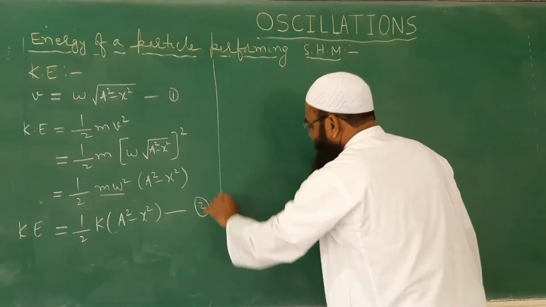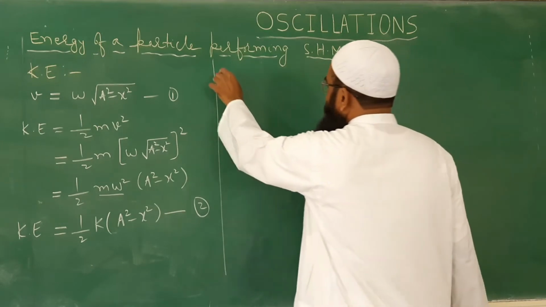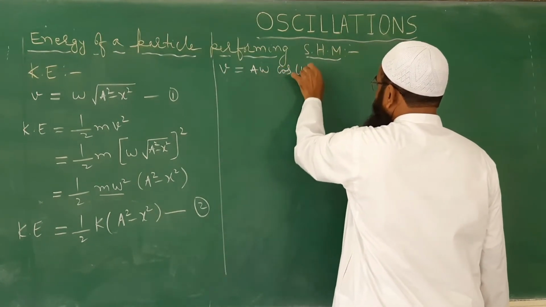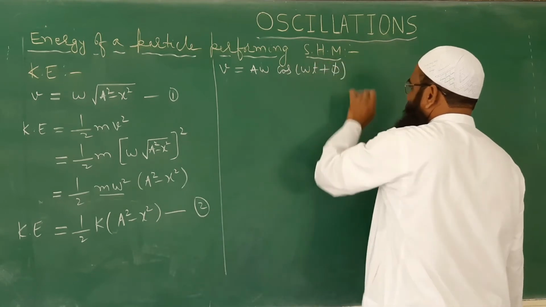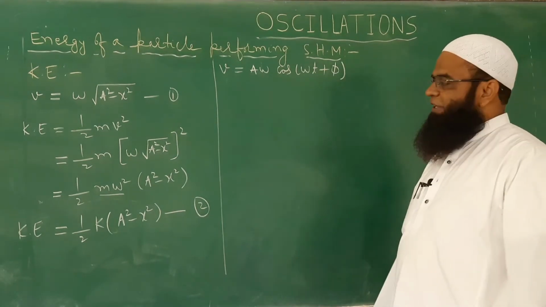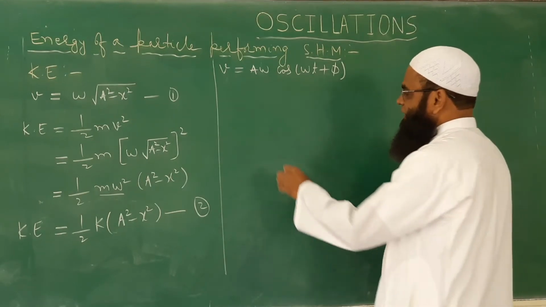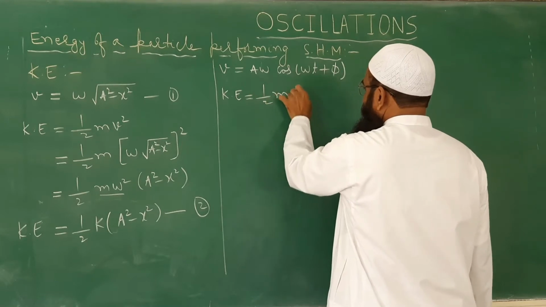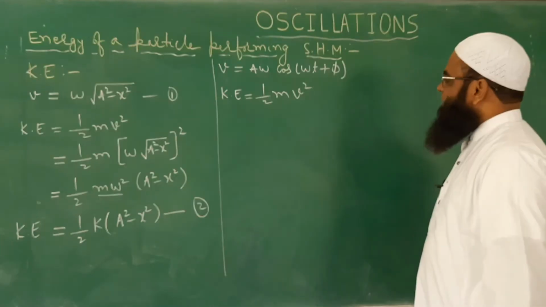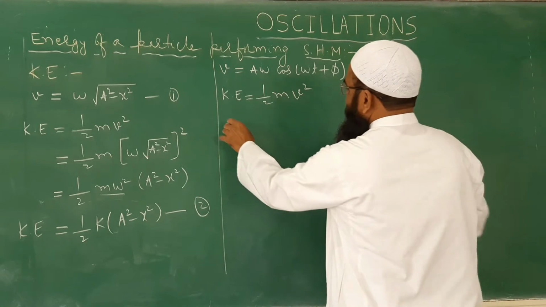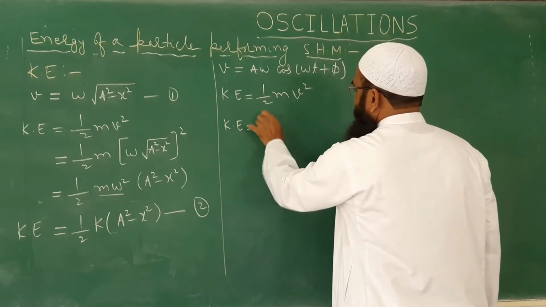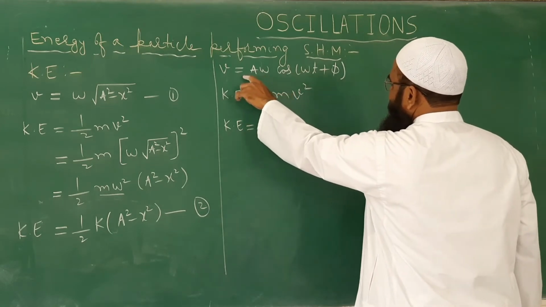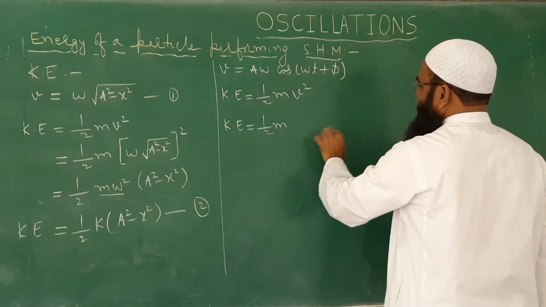Similarly, at time t, we know velocity is given by a omega cos of omega t plus phi. By using this also we can find the equation for kinetic energy. So kinetic energy is equal to half m v square. In place of v, if we substitute this value, then kinetic energy will become half m, a omega cos of omega t plus phi, squared.